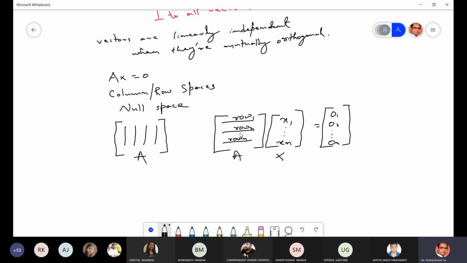So row 1 times x is equal to 0. Or in other words, the row space of A times the solution of Ax equal to 0 gives you 0. That is how we can interpret it.